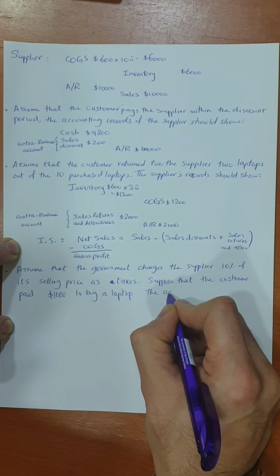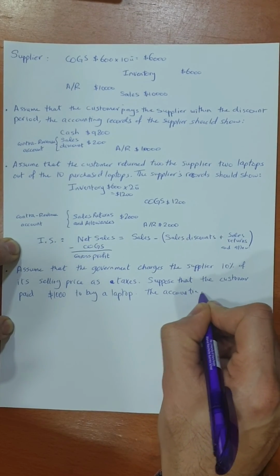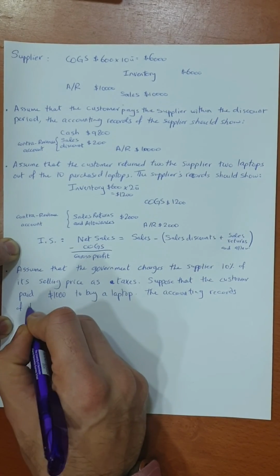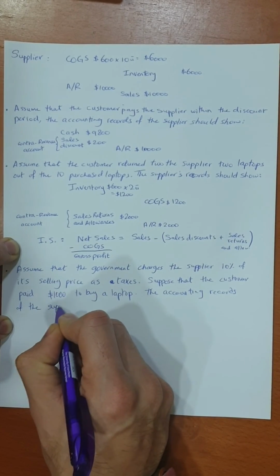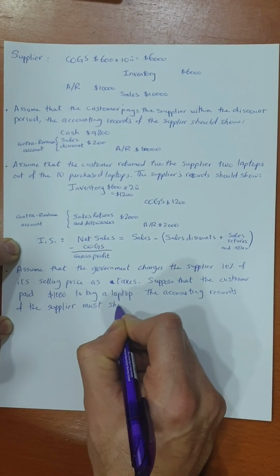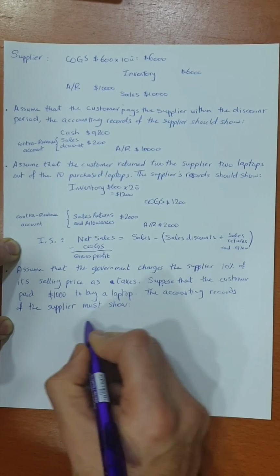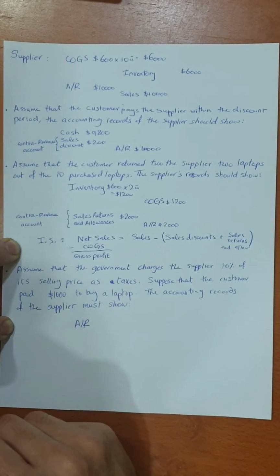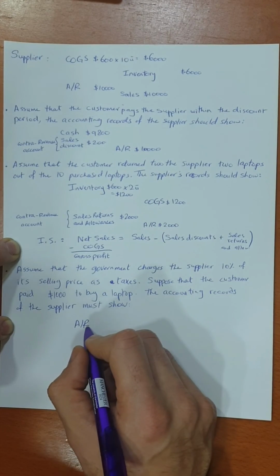So the accounting records of the supplier must show an increase in accounts receivable or cash.